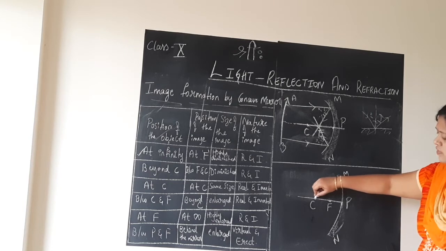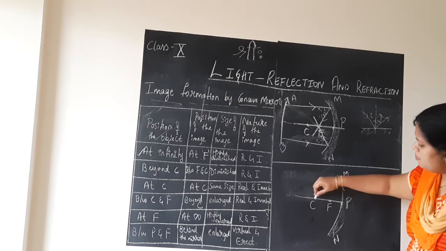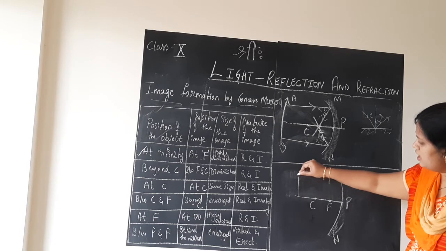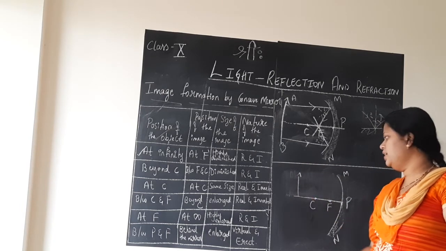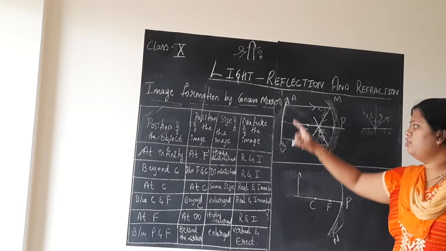Here is the center of curvature C. Beyond C, place the object somewhere here, children, slightly away from C. Okay, again how should you represent?